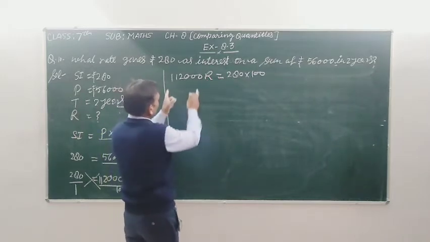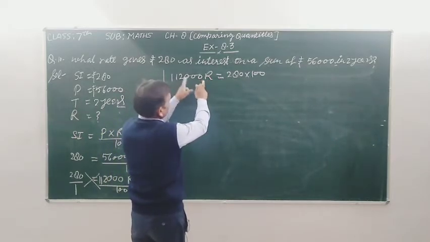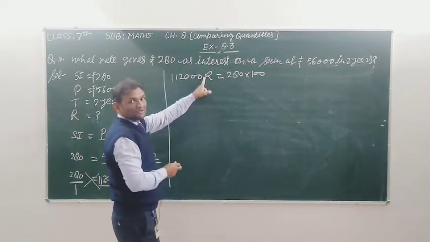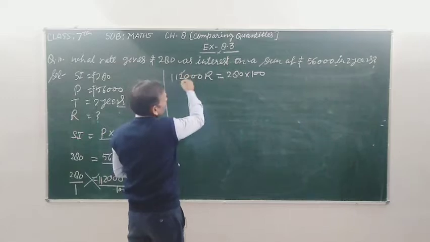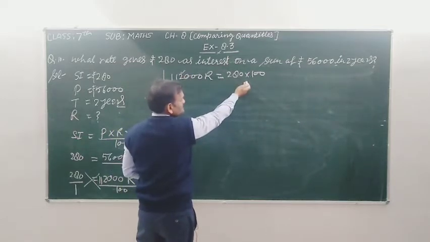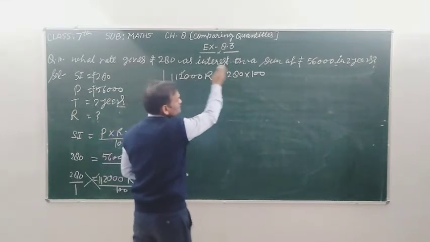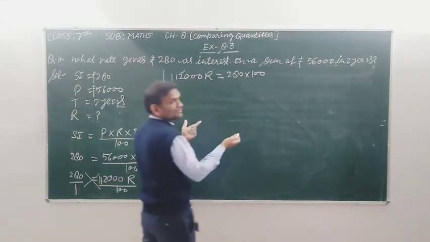You are seeing here that there is no sign between 1,12,000 and R, so you will understand after the multiplication. So transpose this number to the right side. Here this number is multiplying, so when we transpose to the right side we have to divide.